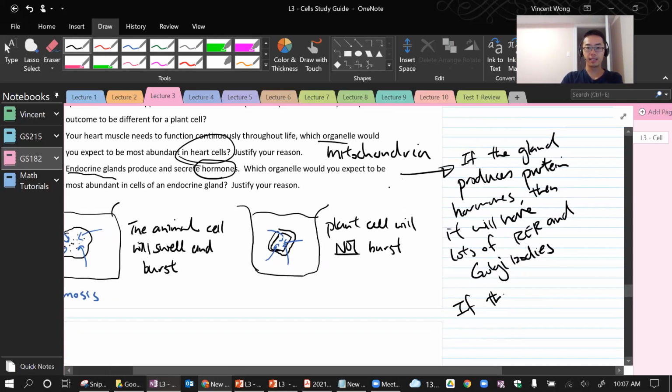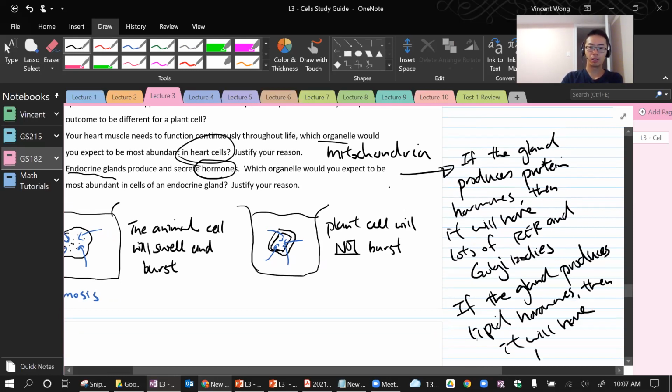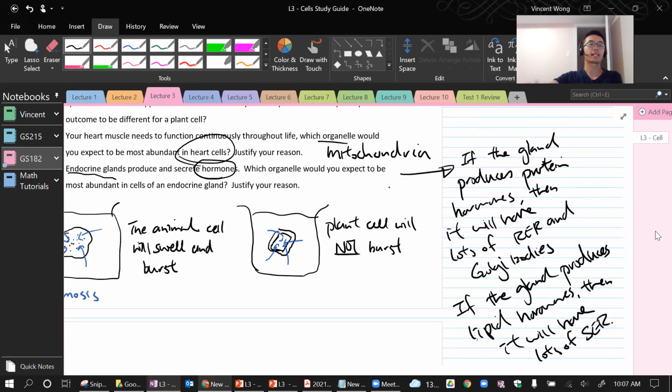If the gland produces lipid hormones, then it will have lots of smooth ER, right? Because lipid synthesis occurs in the smooth ER, right? Whereas protein synthesis happens in the rough ER. Okay.